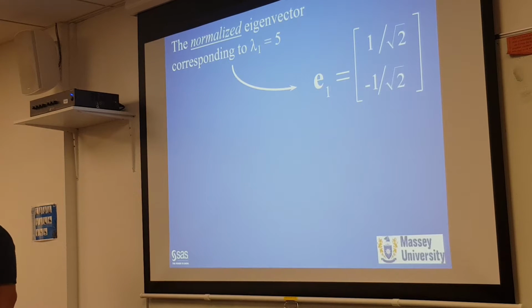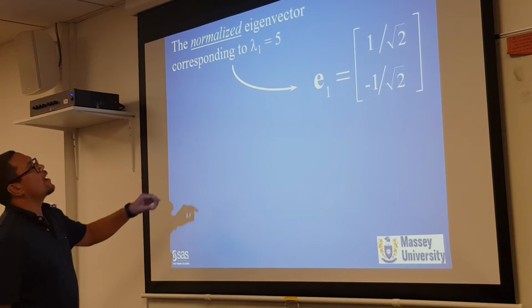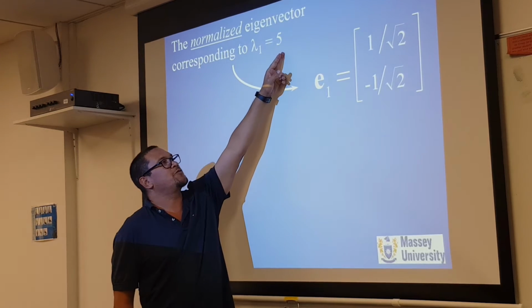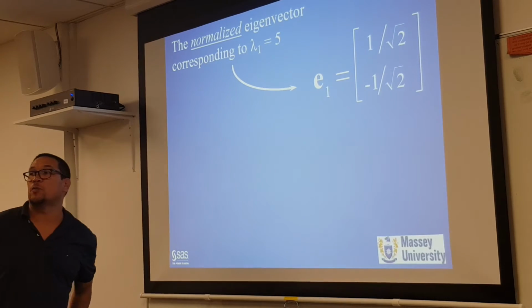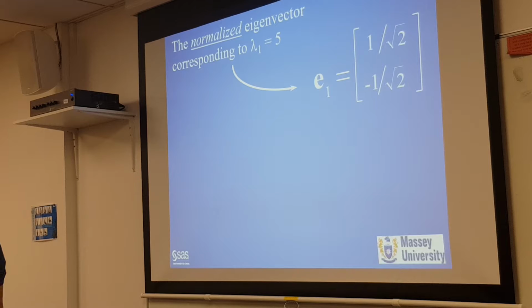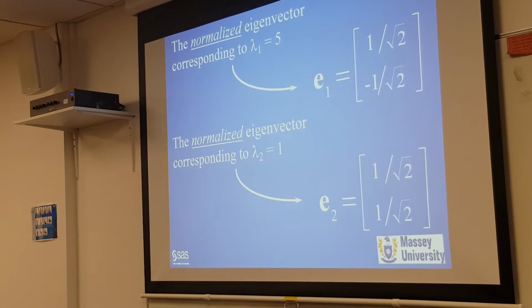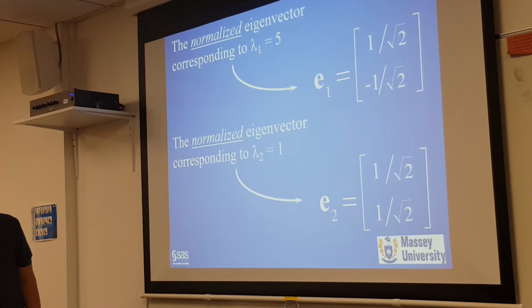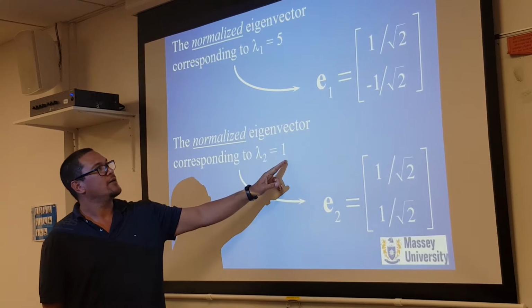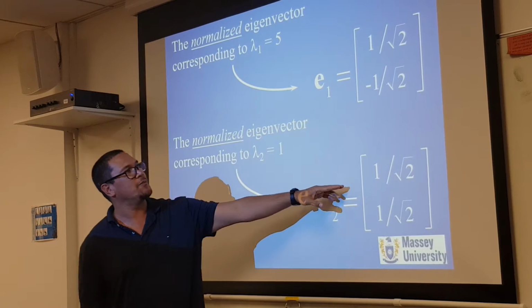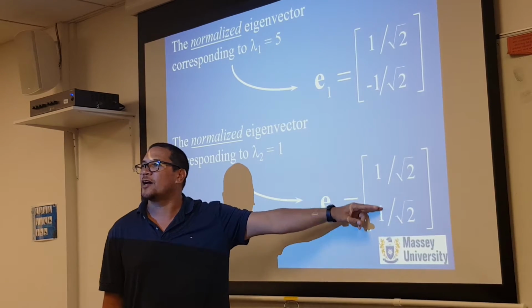So here we have, for the eigenvalue lambda 1 equals 5, this is my associated eigenvector after it's been normalized. This is the form that a lot of people like to use. In contrast, the normalized eigenvector for lambda 2 equals 1 was very similar, except it is of course at 90 degrees to it.